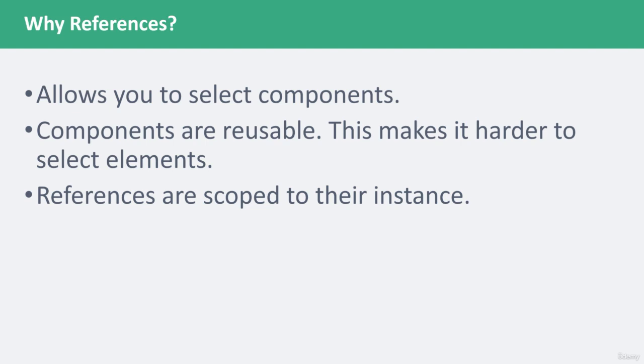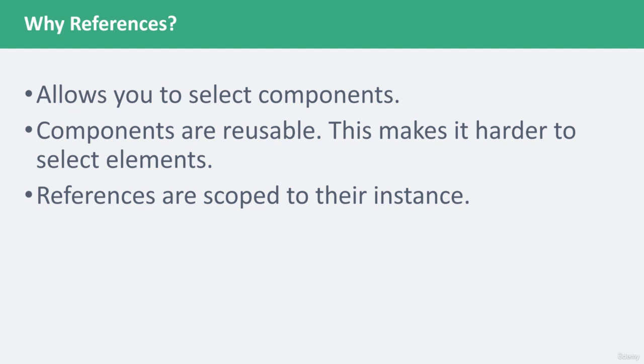This can make things tricky. References were introduced to make selecting elements in your component easier. References are scoped to the component they're in. For example, let's say you had a component being used twice in an app. Both components' references are independent from one another. You don't need to provide unique IDs every time. Vue will handle keeping them separate.